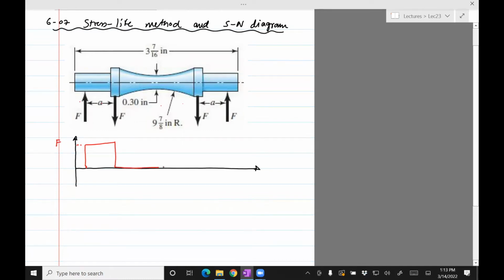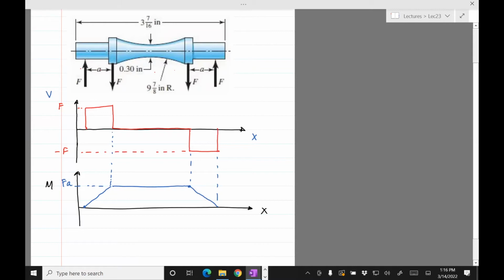And then the force is 0. And then this force would be negative out here, and then 0. This is minus F. So the thing to notice is that between those forces F, which act downwards, the moment is constant.